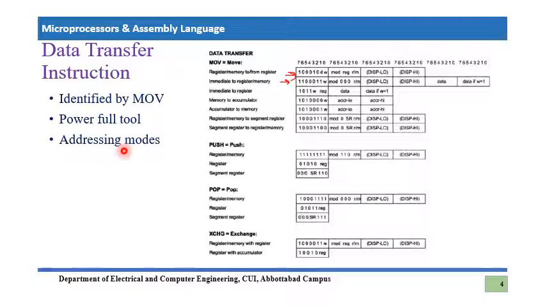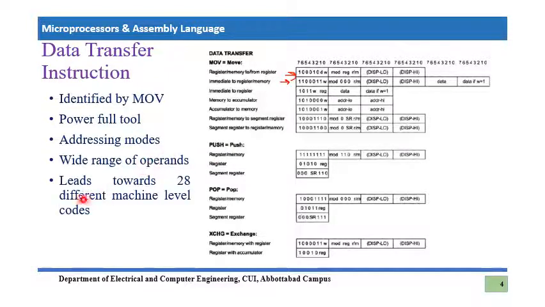So hopefully once we finish this lecture, the next coming lectures, probably 2 or 3 lectures, will be based only on addressing modes. So these things are coming in our coming lectures. Wide range of operands, this thing we are going to explain in the very next slide. Okay, this is an important point, and I mentioned it here deliberately.